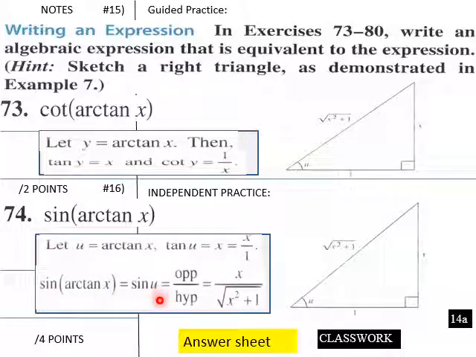Sine of arctan x will be sine u, opposite over hypotenuse, so you would have x over the square root of x squared plus 1. Again, up here would be 1 over x for your cotangent for this angle, which would be the adjacent over the opposite, the inverse of tan.